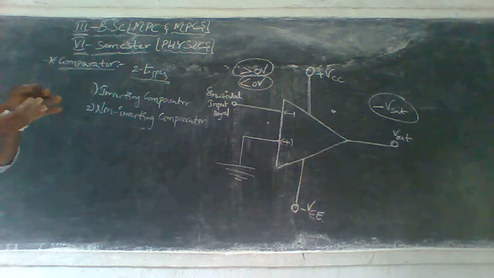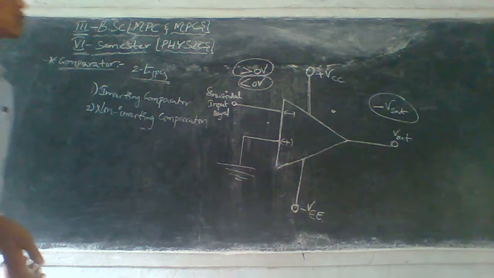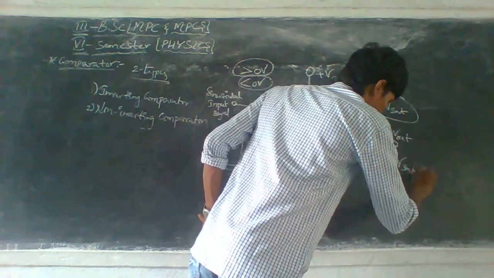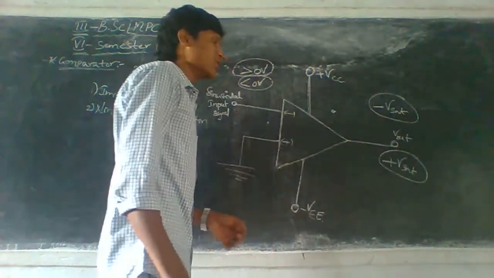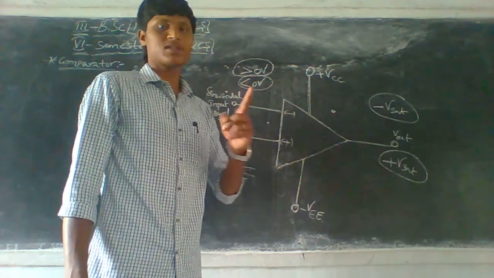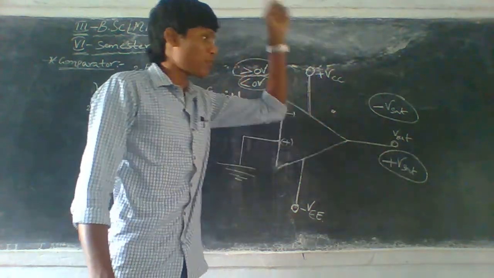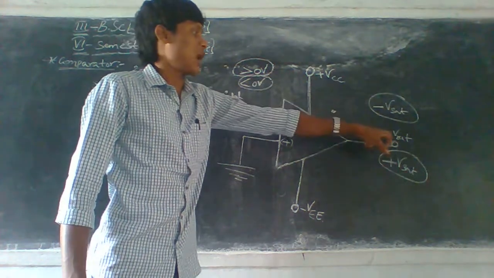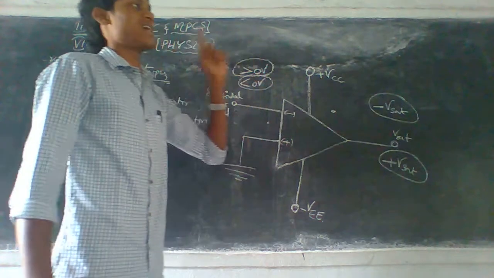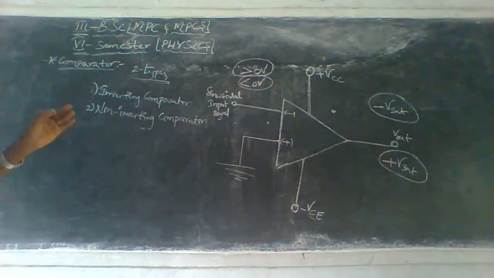Hence the output value of the inverting comparator will be equal to plus V sat. For negative, the output value is plus V sat. For positive, the output value is minus V sat. Understand?